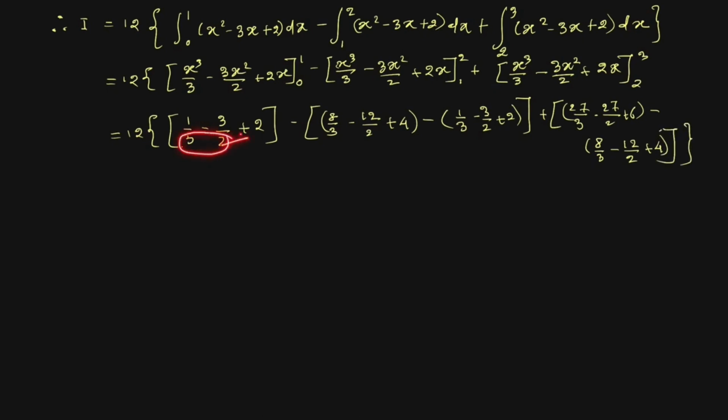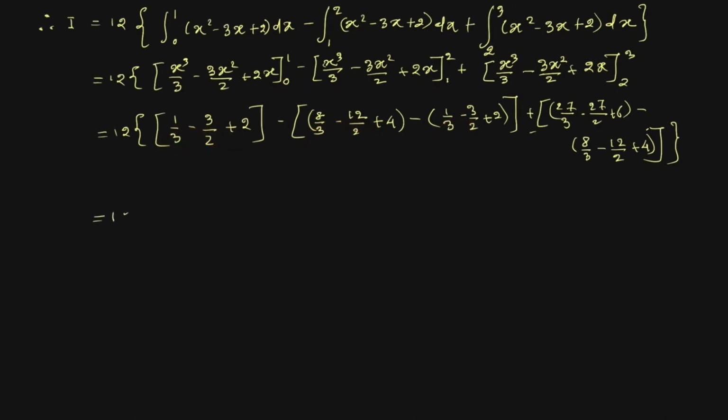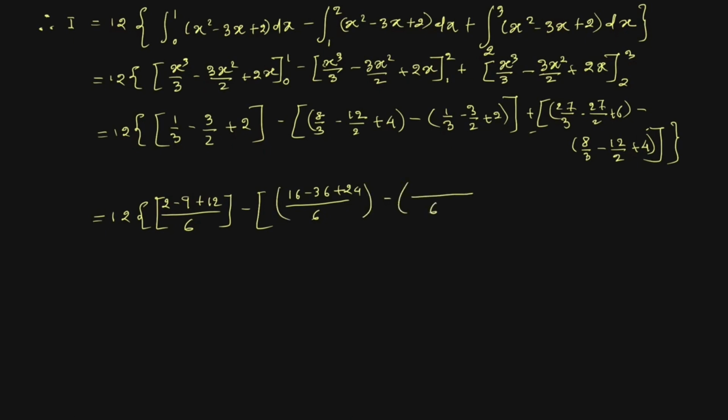After that we take the LCM and solve, then we will get 12 times, LCM is 6 here, then we will get 2 minus 9 plus 12, minus, LCM here is 6, then we are able to write 16 minus 36 plus 24, minus, again LCM is 6, we will get 2 minus 9 plus 12.